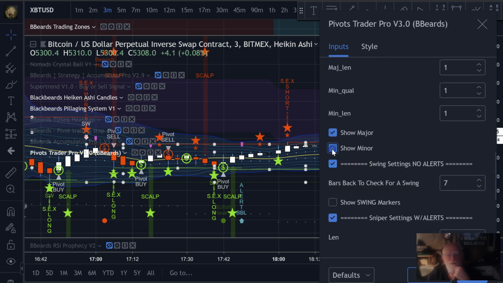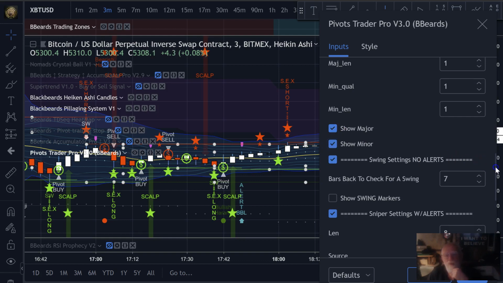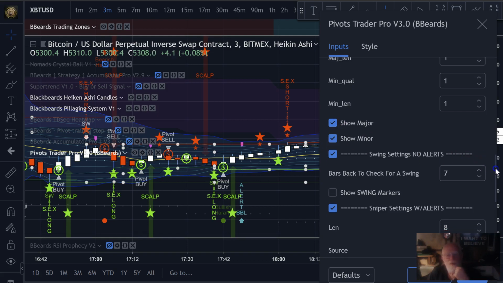If you don't want to see them, you can turn the minors off, like that. And all you've got is the majors, which are the dollar signs. Or you can do it in reverse. Either way, they're alertable. Take your pick.